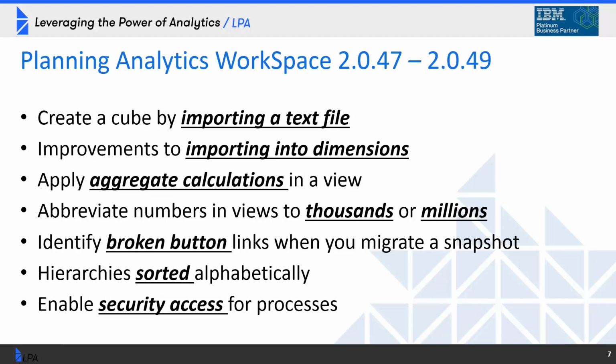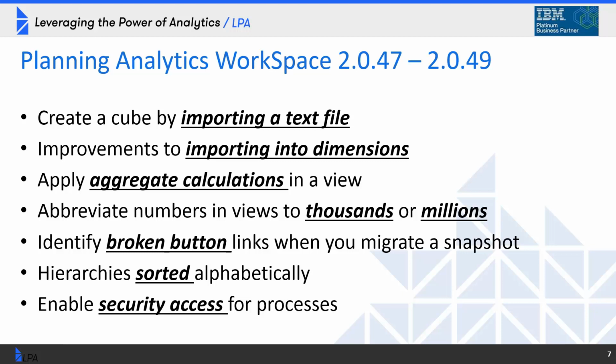Now let's talk about the Planning Analytics Workspace specific changes for versions 2047 through 2049. At a high level, there's been a lot of work done on the import capabilities. You can now create a cube by bringing in a text file. There are also some improvements on how you import dimensions into PAW.